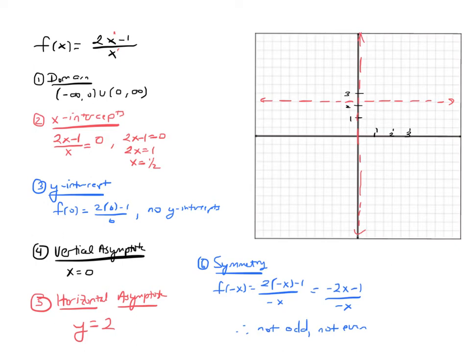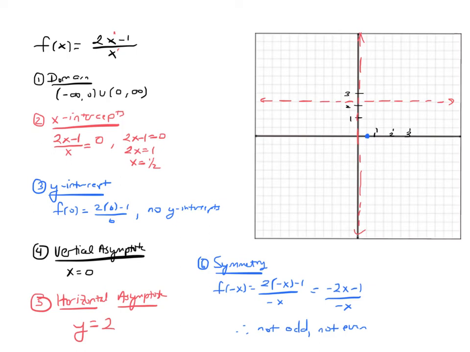And we've got an x-intercept at x equals 1/2. Now notice how our asymptotes broke our plane into 4 quadrants again, right? We've got this area, here, here, and here.